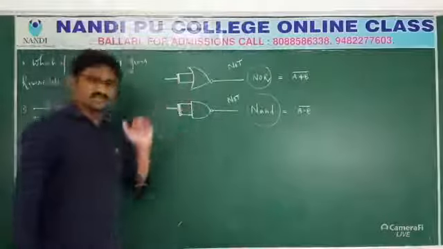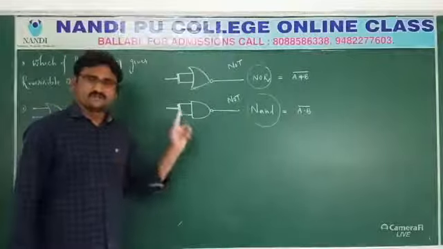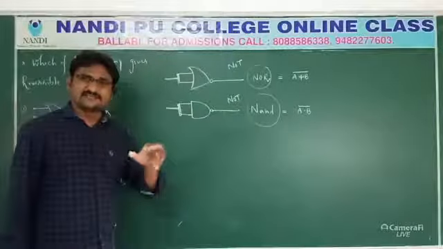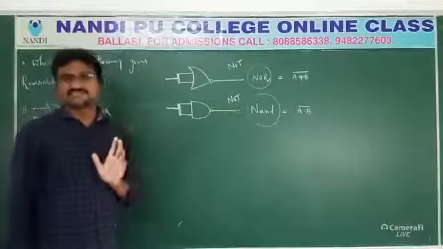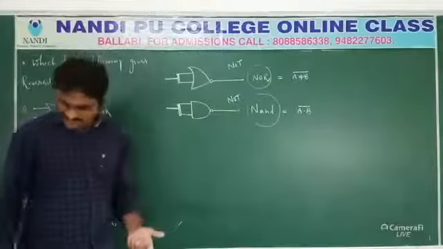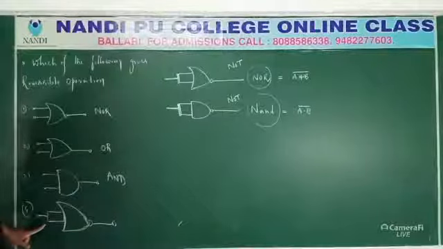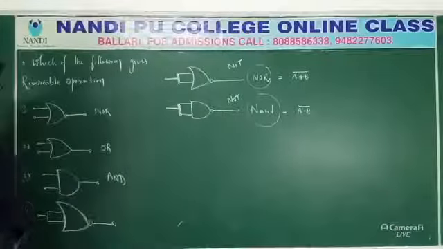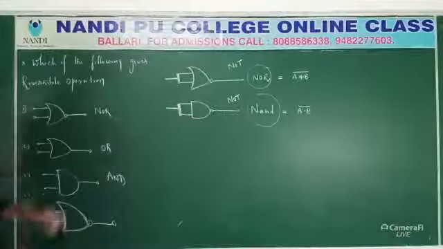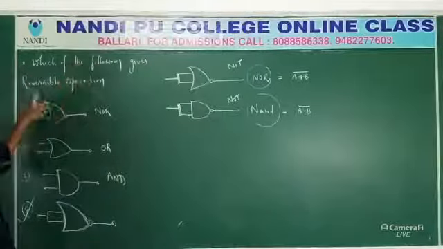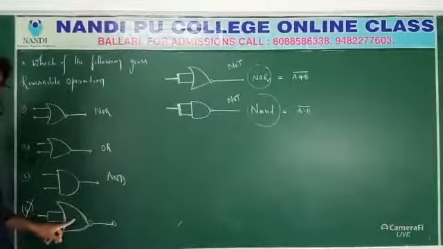Two inputs become one input. One input, one output is only possible in a reversible gate, which is called the NOT gate. So here, what is your answer to 'Which of the following gives reversible operation?' This gate.